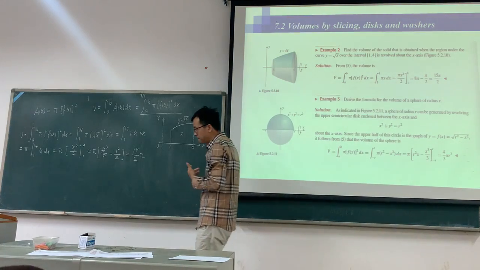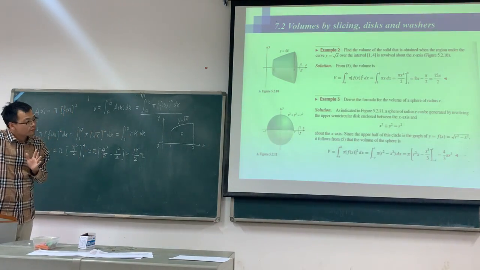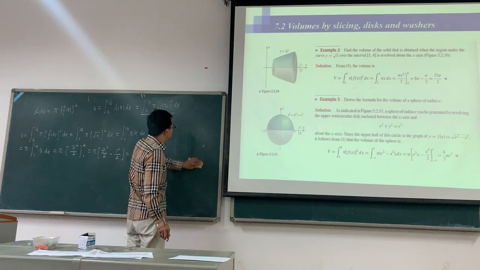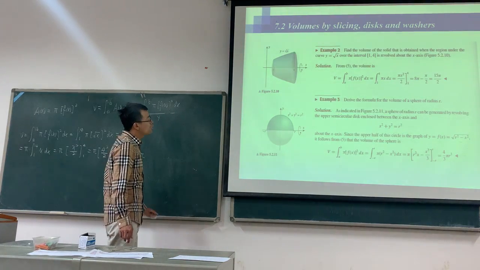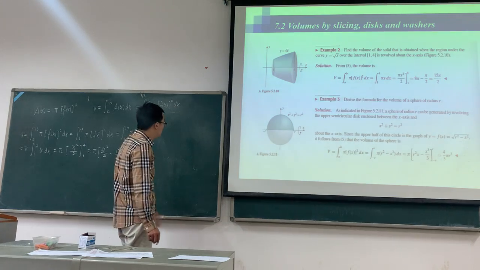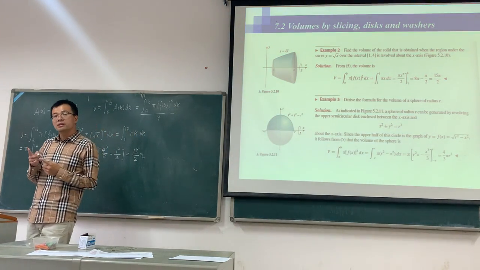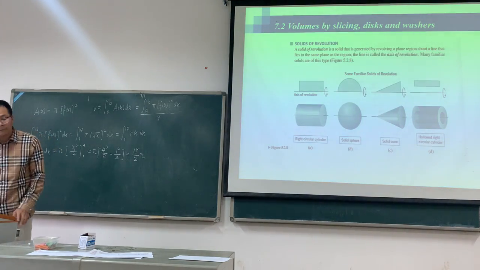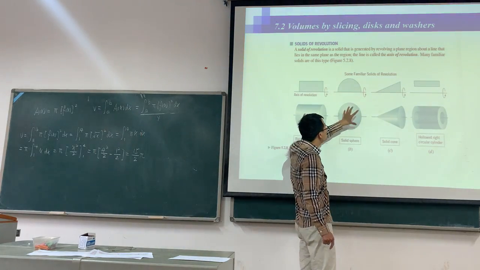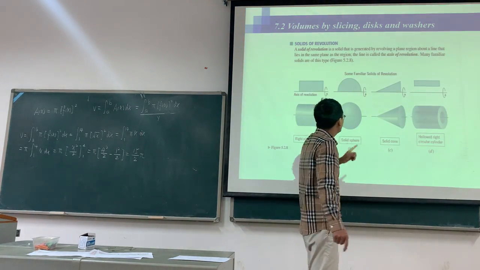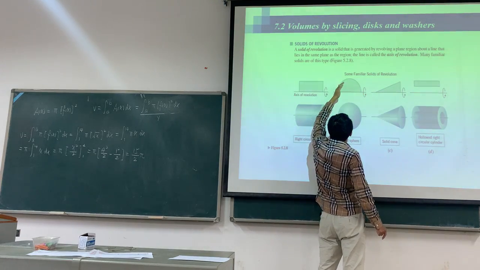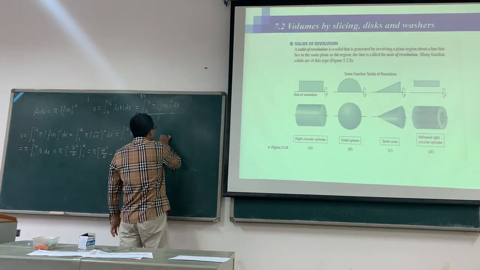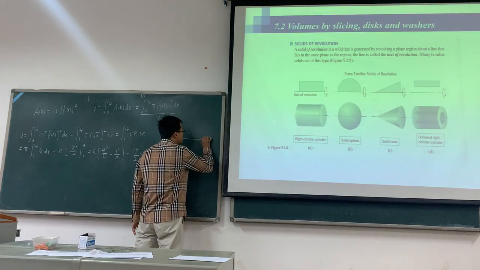The sphere can be obtained by revolving a semicircle around the x-axis. So here we can see the x-axis.